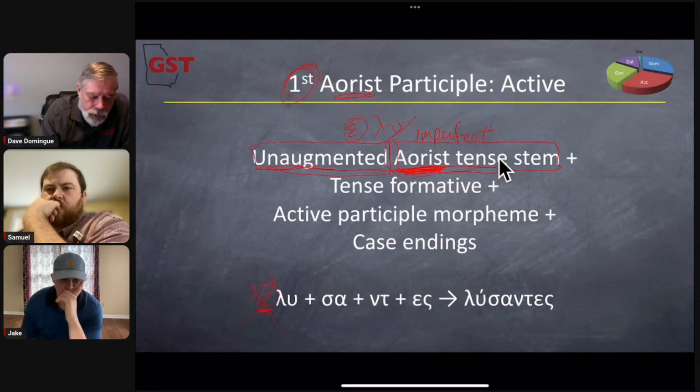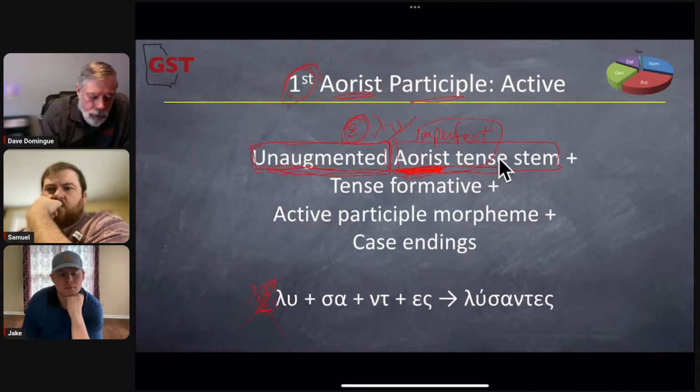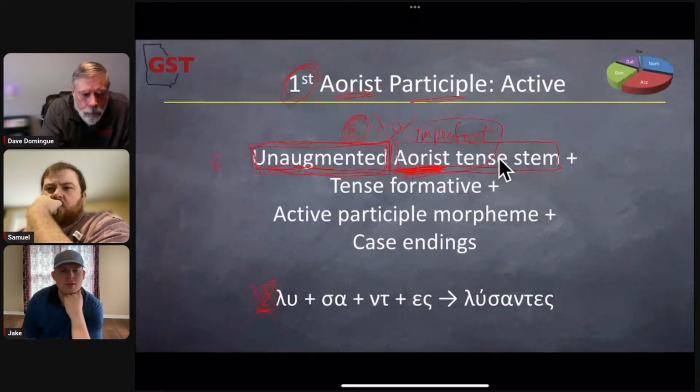Those two tense stems have an augment in the indicative mood. But in the participle, we don't have the augment. It's unaugmented. We don't have an imperfect tense stem in the participle, so on the aorist, why is it unaugmented? Why is the epsilon not there? How come there's no epsilon? Because it doesn't have a mood.